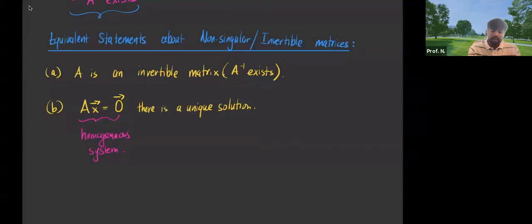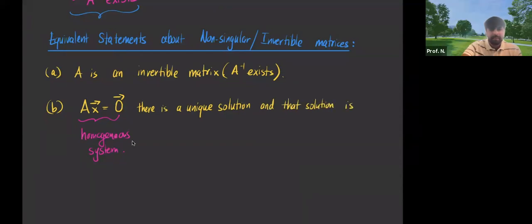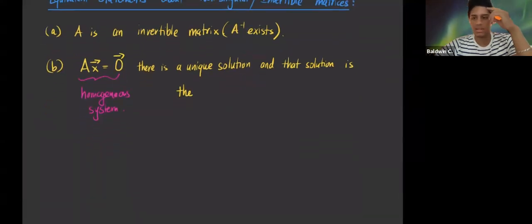But when we have this homogeneous system and an invertible matrix, what would be the unique solution? Anybody?